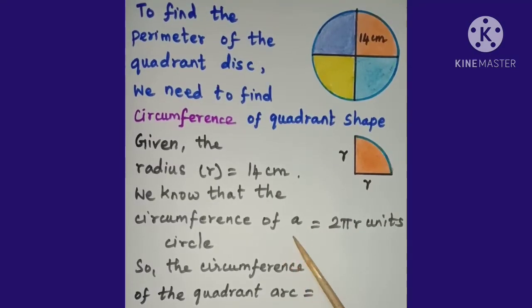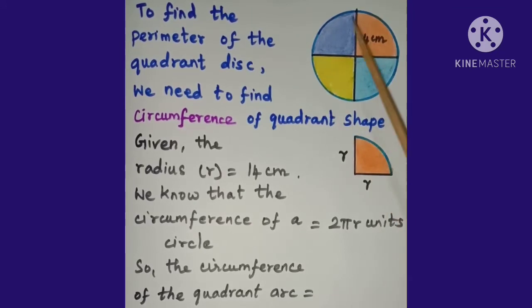Students, here example 2.8. Kannan divides a circular disc of radius r is equal to 14 centimeter into 4 equal parts. So 4 equal parts, which means each part represents a quadrant of a circle, which means that 1 by 4th part of a circle.